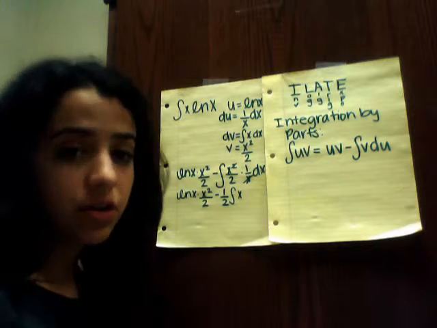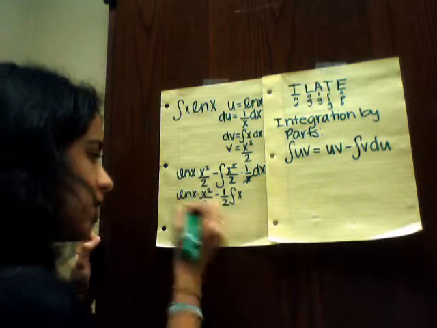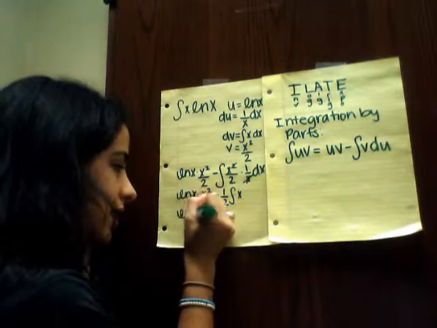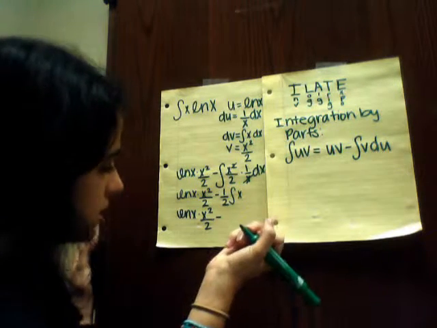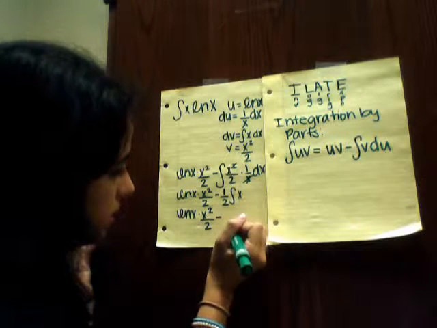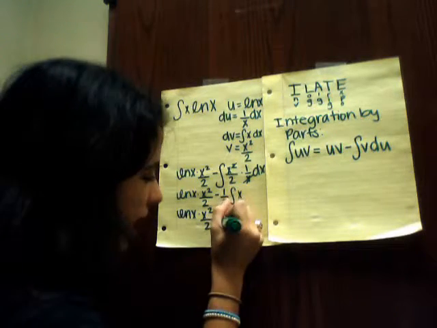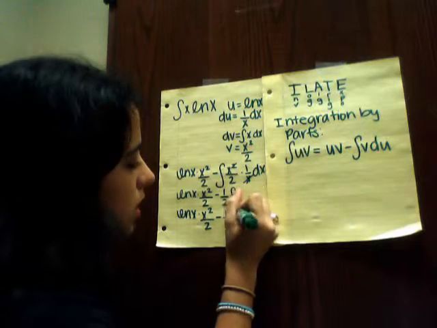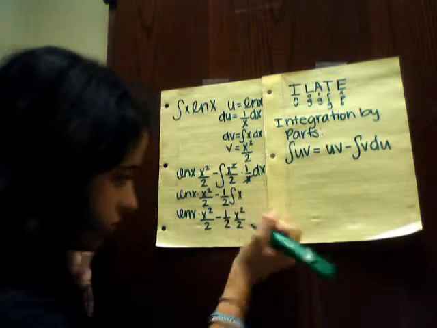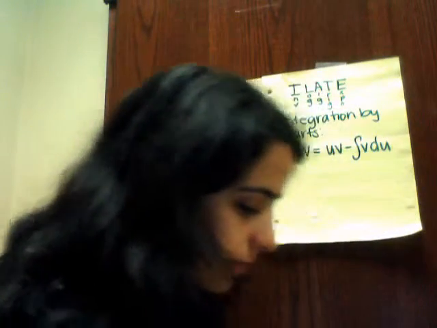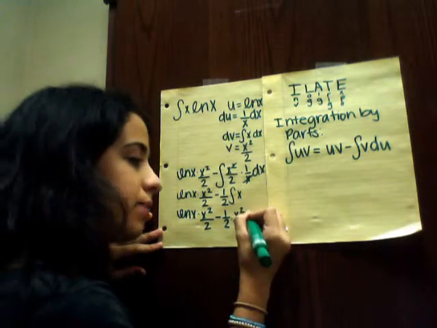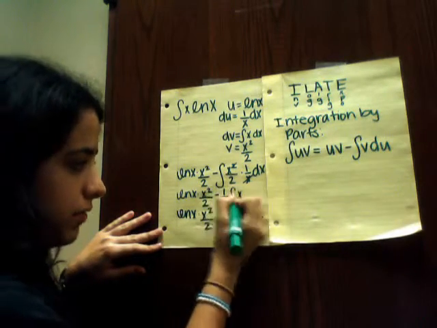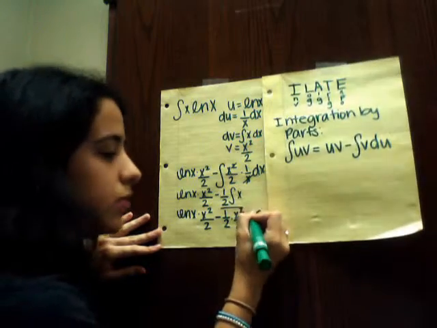And the integral of x, according to its properties, is x squared over 2, so we get ln(x) times x squared over 2 minus 1/2 times x squared over 2. Once we have these values, we just simplify. Because we already got the integral, we need to include our constant.